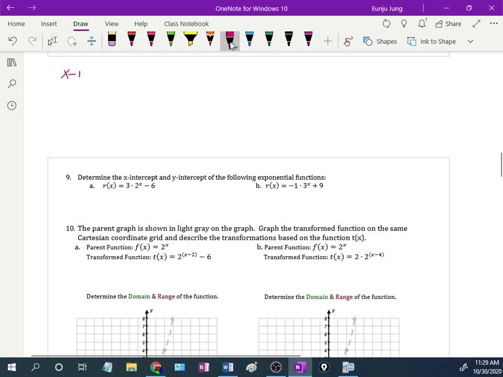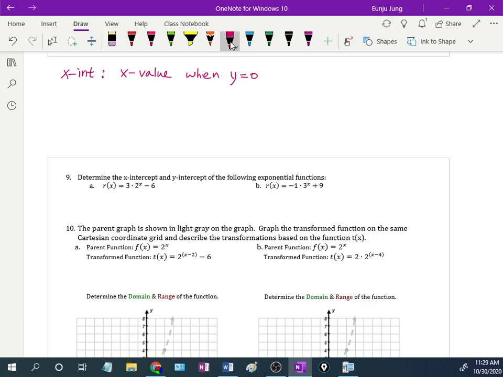What is x-intercept? We haven't seen this term a few days ago in test, right? What is x-intercept? That is x value when the other variable is 0. What is the other variable? Y. That's right. Y is 0 and you get x value. That's called the x-intercept.